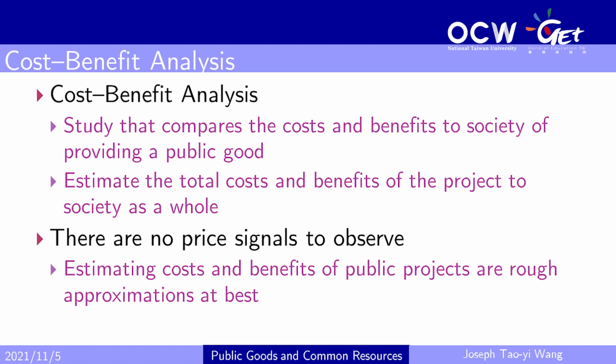And so these estimates are just approximations. And of course, that creates some problems because they could be inaccurate. Or if the politician just says, I just want to build this, you just make up the numbers so that it looks like the benefits exceed the cost. And if that happens, then these cost-benefit analyses are just useless because it's rigged.